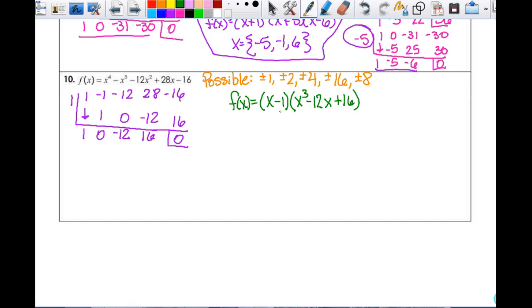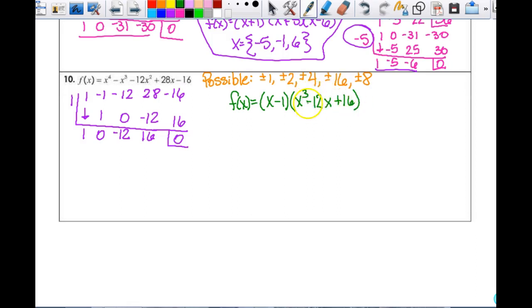But let's think about what's happening before we do that. I'm going to have 2 numbers that multiply to give me a positive number, so they're going to have to be the same sign. Both positive or both negative. But I know there's going to be 3 things in there.